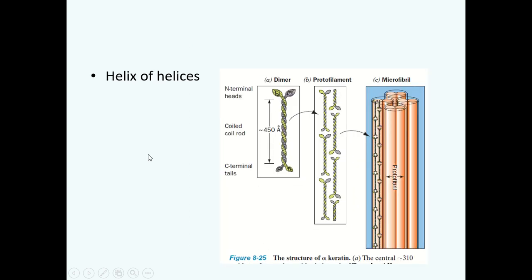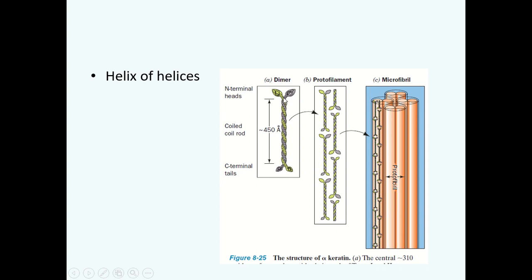This is a diagrammatic representation showing the organization of keratin protein. The protein is a fibrous protein, that is, it forms fibers. So the two molecules of the protein form a dimer. They are wound over each other in the form of a helix. So they form a dimer.